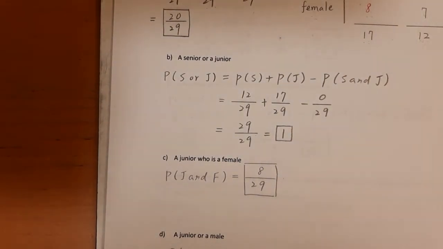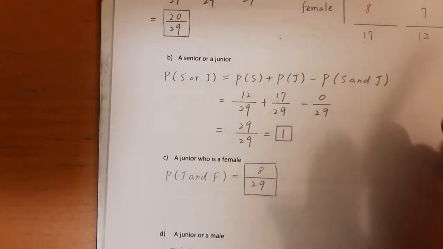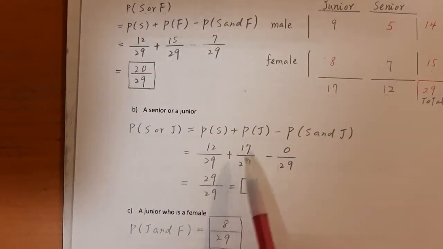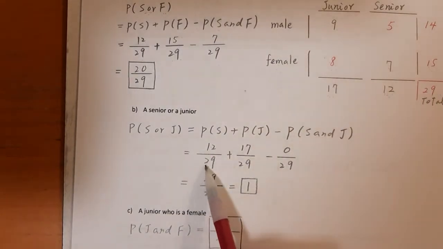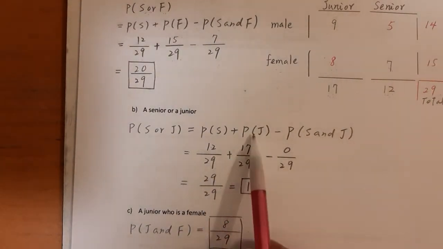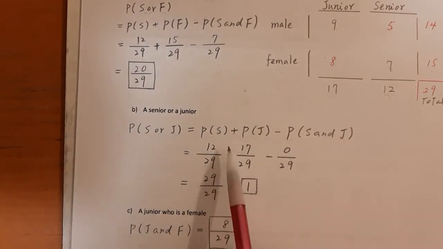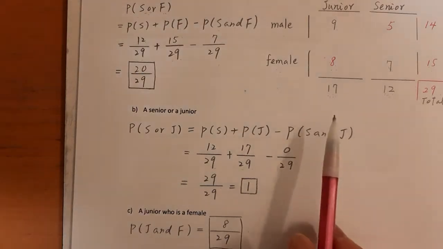So what is the probability of senior? Total is 29. Senior has 12, so 12 out of 29. And plus probability of junior. Junior is 17, so it's 17 out of 29.